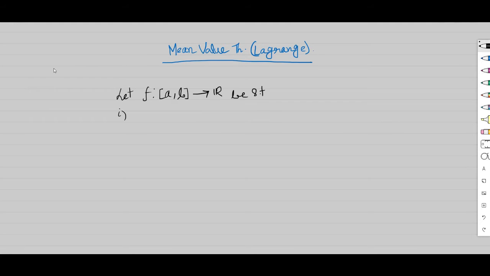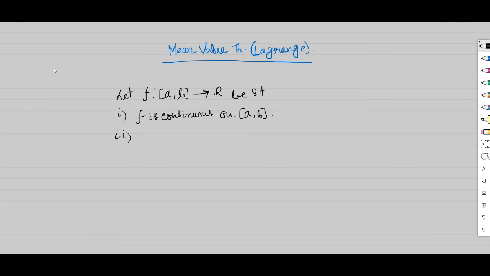one, f is continuous on the closed interval [a, b].